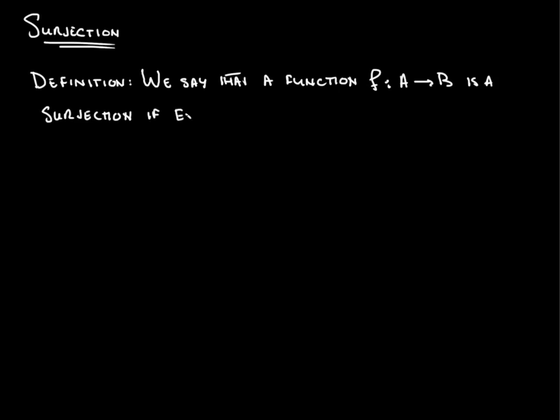If every element y that is in our codomain, so in our set B, has at least one preimage x that is in A. Okay?